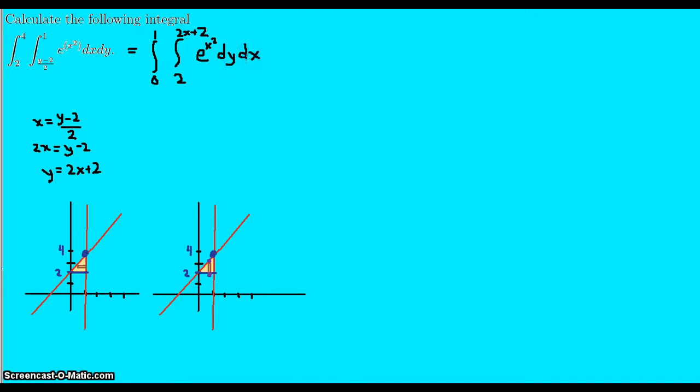Now with y, it's supposed to help us out. Let's see. The antiderivative is just e to the x squared times y, evaluated from 2 up to 2x plus 2.